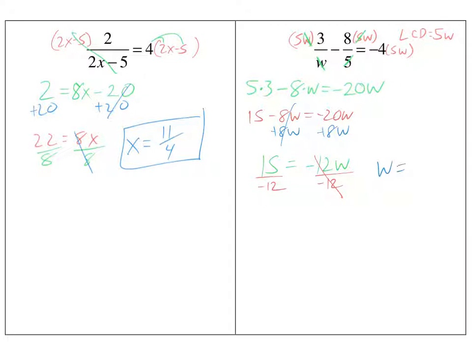So w equals 15 over negative 12, which reduces because 3 goes into both. So that would be negative 5 fourths. Now, is that extraneous? Well, does this create a 0 in the denominator? No. My restriction would have been 0. That is not 0. That does not cause an error. So we are done with that problem.